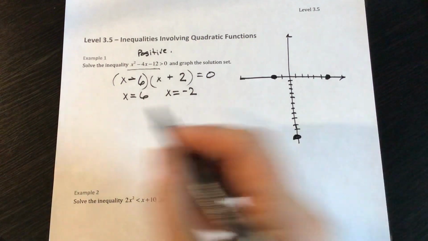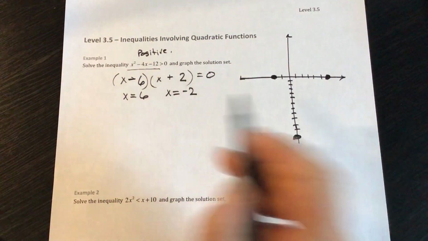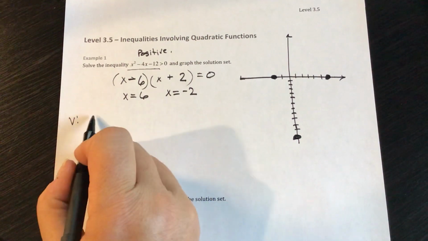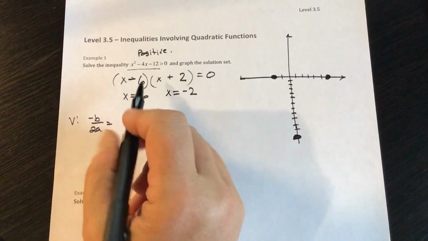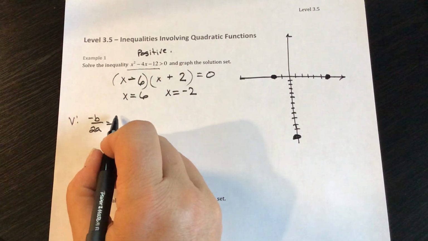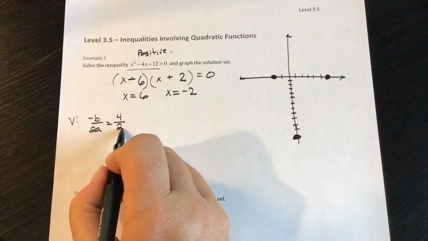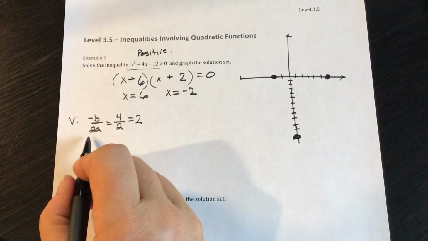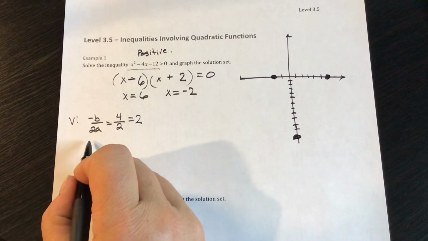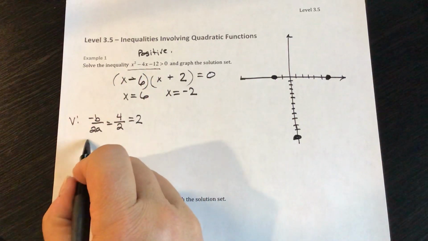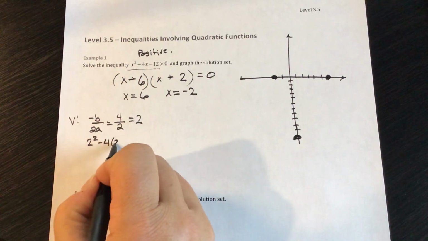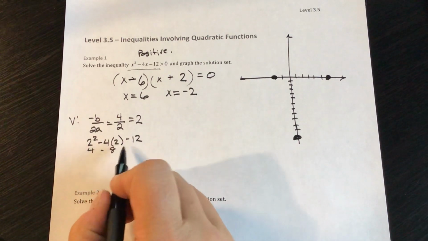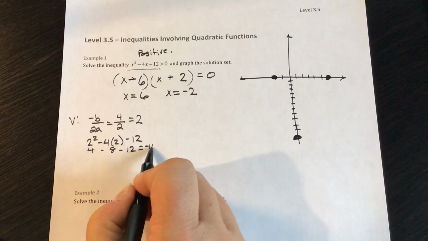If I find my vertex, and just because I'm sketching a graph here, my vertex is going to be for the x-coordinate minus b over 2a, which would be the opposite of negative 4 is 4, over 2 times 1 is 2, so this is 2. And the y-coordinate would be, plug the 2 back in, I have 2 squared minus 4 times 2 minus 12, so this is 4 minus 8 is negative 4, minus 12 is negative 16.